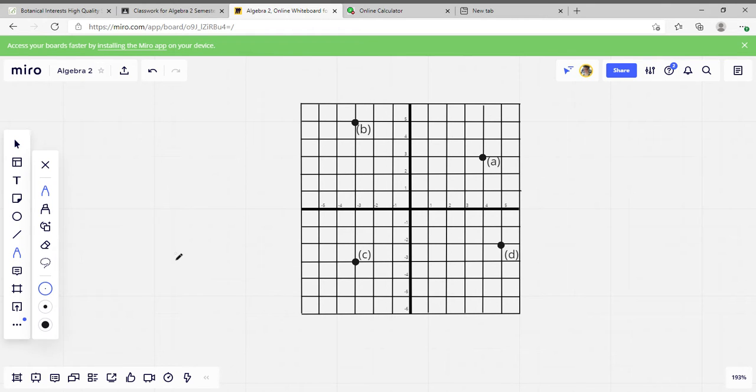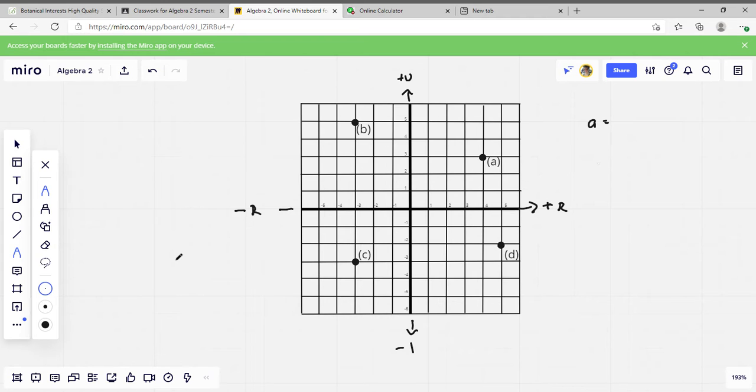All right, so all I have to do for this is I'm going to count over. For A, I've gone to the right 4, and this direction is going to be positive, right? And that direction is going to be negative, negative R, positive R. And then up is going to be positive U, and down will be negative U. So for A, I've gone to the right 4 spaces.